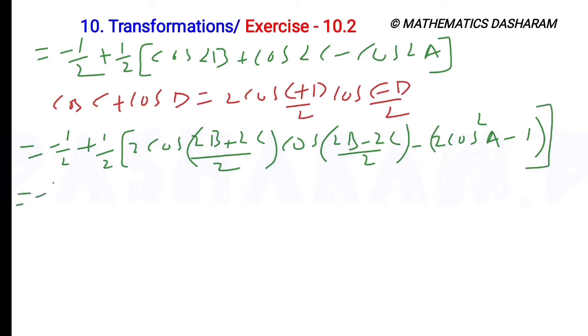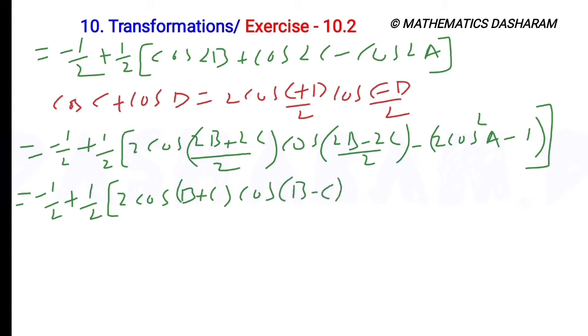So it is equal to minus 1 by 2 plus 1 by 2 bracket of 2 cos (B plus C) into cos (B minus C), here remove the bracket, minus 2 cos square A plus 1.